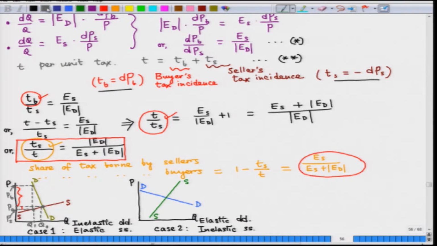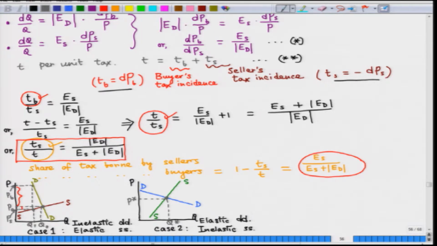I hope that you recall these facts from our discussion on elasticity of supply. So, now as usual the market equilibrium is to be obtained at the intersection between the initial demand and supply functions, and so let us assume that the equilibrium quantity is given by Q star and the market clearing price is P star, right. Now, we impose the unit tax. Again we think about a shift in the demand function to analyze the case of unit tax.